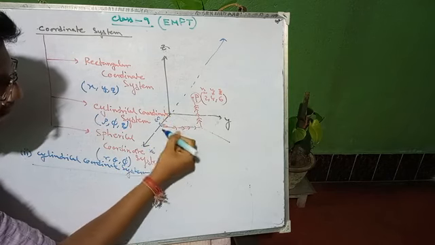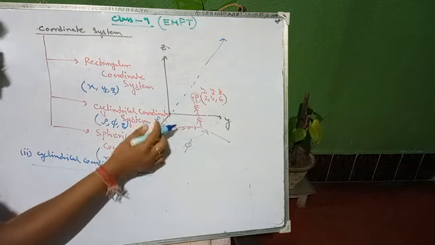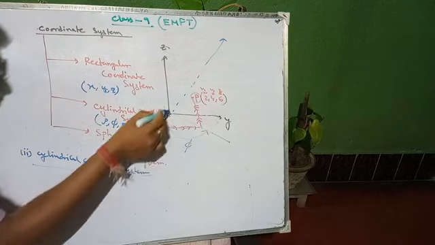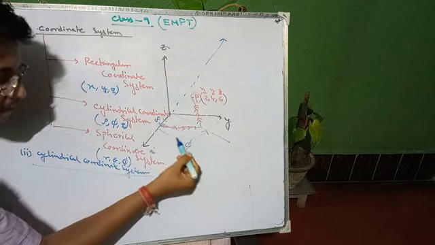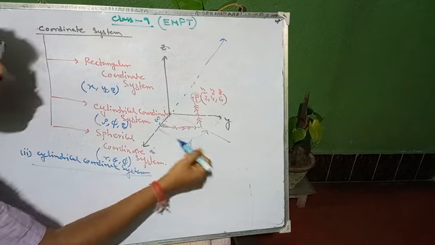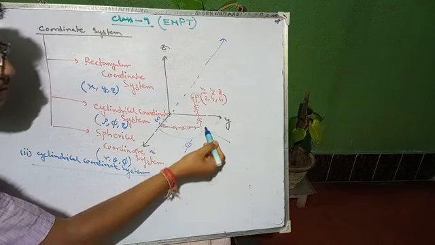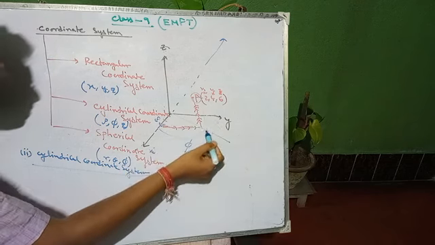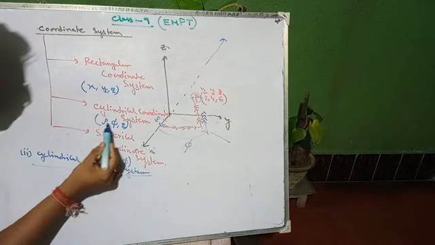Suppose this is phi. So you have to take first radial length rho in x-axis. Then you have to move by an angle phi in xy plane, and then you have to move by some distance z towards z-axis. So that's why rho, phi, z.